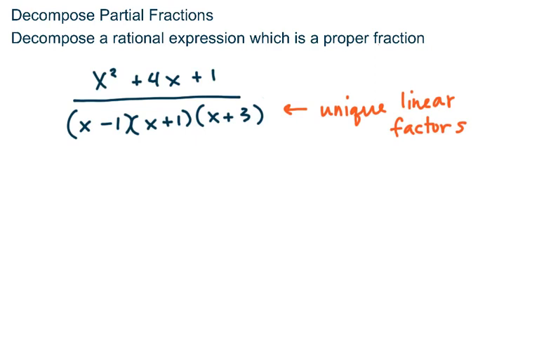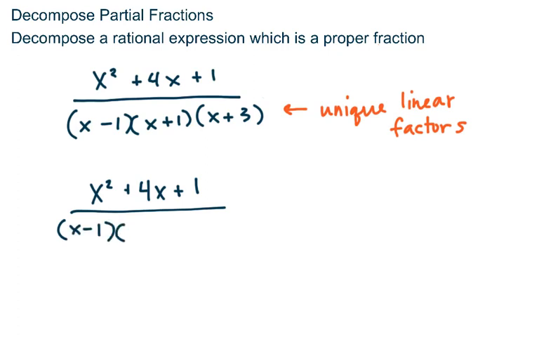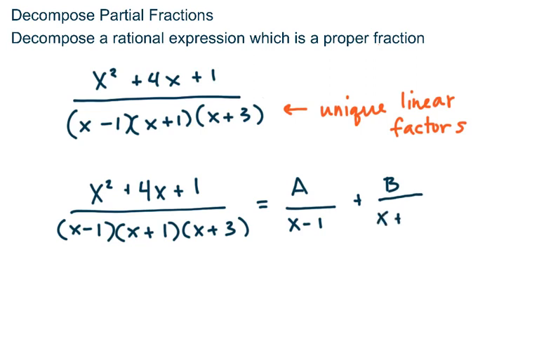So what I want to do with this expression, x squared plus 4x plus 1, over each of these unique linear factors, is we are going to set that equal to a over the first linear factor, x minus 1, plus b over the second one, x plus 1, plus c over x plus 3.